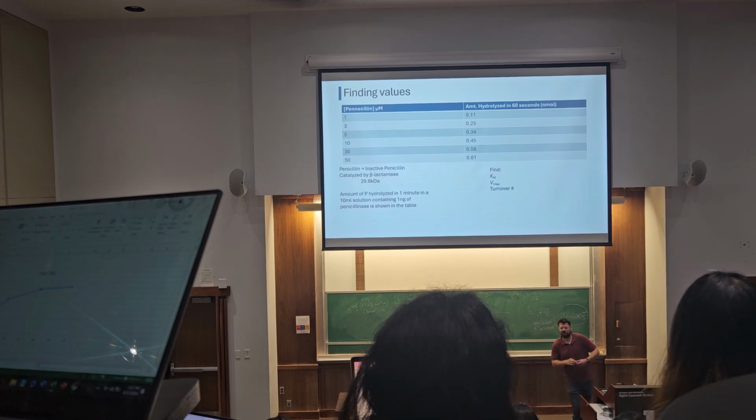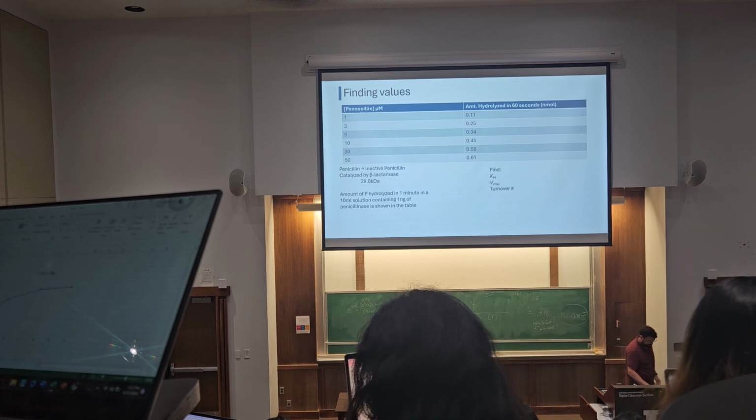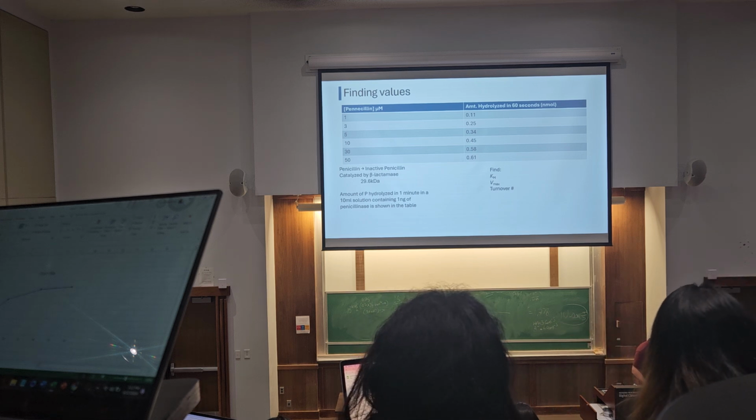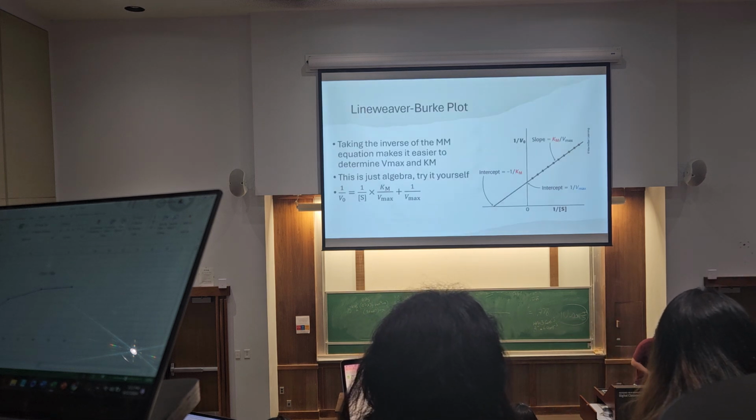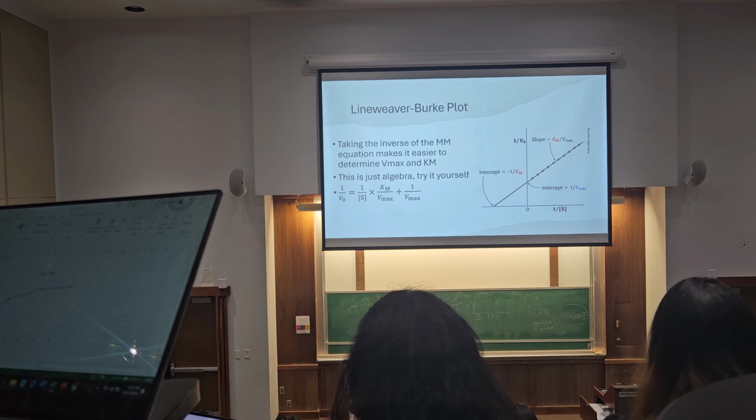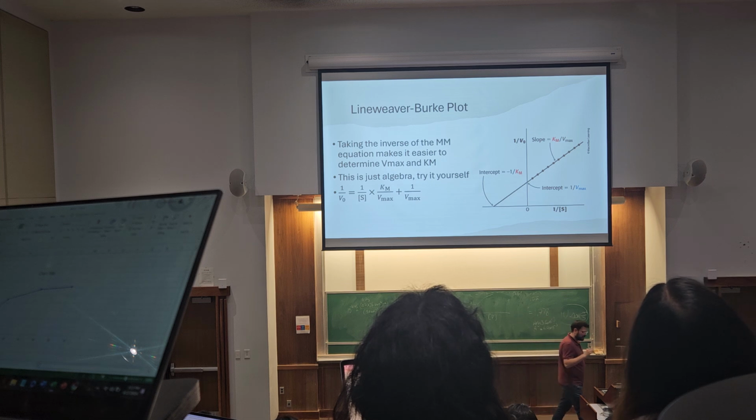So the slope of the line in the Lineweaver-Burk plot is Km over V max. If we know the slope, m, this equals Km over V max. We've just solved for V max, we got it from b, the y-intercept. So now we can multiply the slope by that V max, and there's our Km. And now we have our hard values.